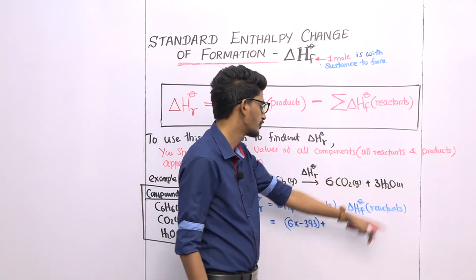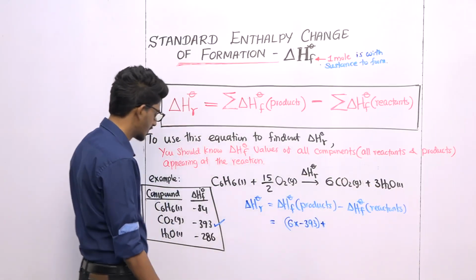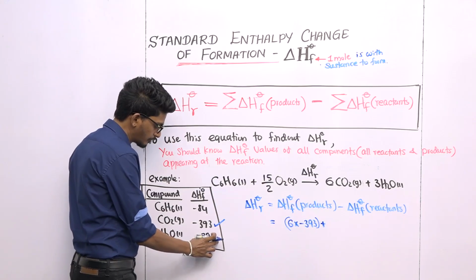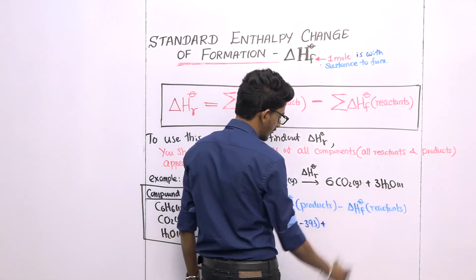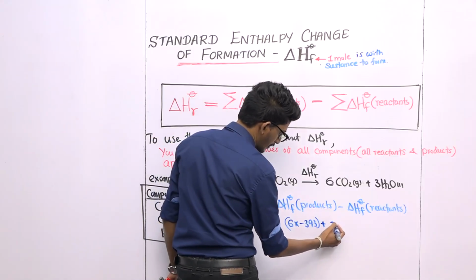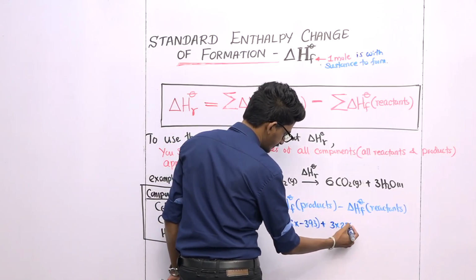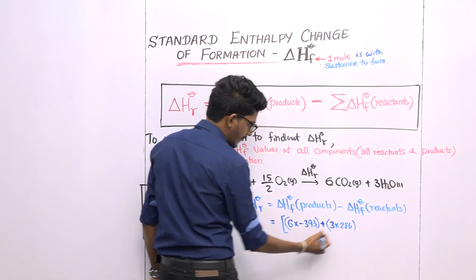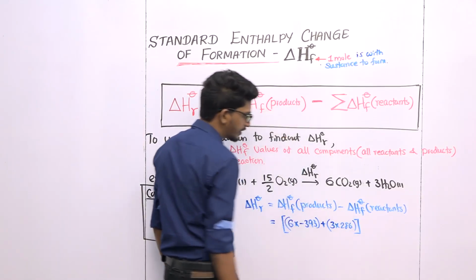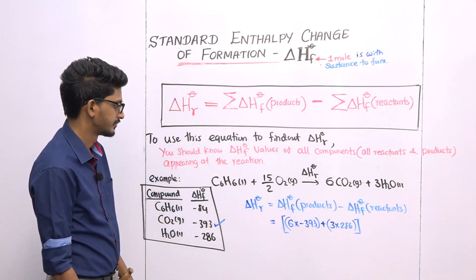To form 1 mole of H2O, you need minus 286 kilojoules of heat change. But 3 H2Os are appearing, so it should be multiplied by 3. This is the summation of delta F values of products.